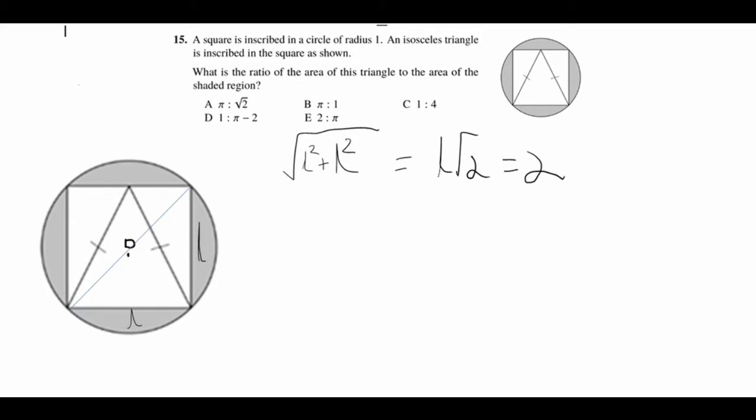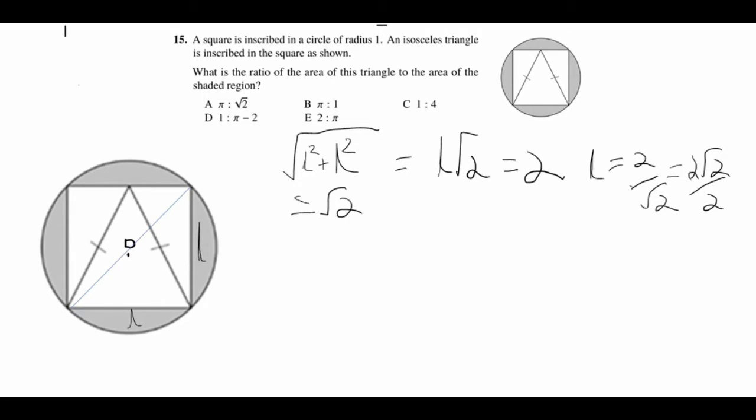So L is equal to 2 divided by root 2, which if we simplify by rationalizing the denominator is the same as 2 root 2 divided by 2, which is equal to root 2.